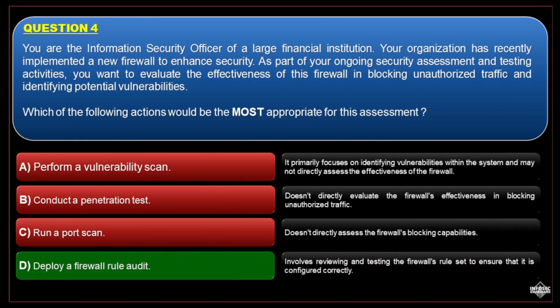This involves reviewing the firewall's rule set, testing it, and ensuring it aligns with the organization's security policies and requirements. Remember that CISSP Domain 6 focuses on assessing and testing security measures, and in this scenario, a firewall rule audit aligns with the objective of evaluating a specific security control, the firewall, for its effectiveness.